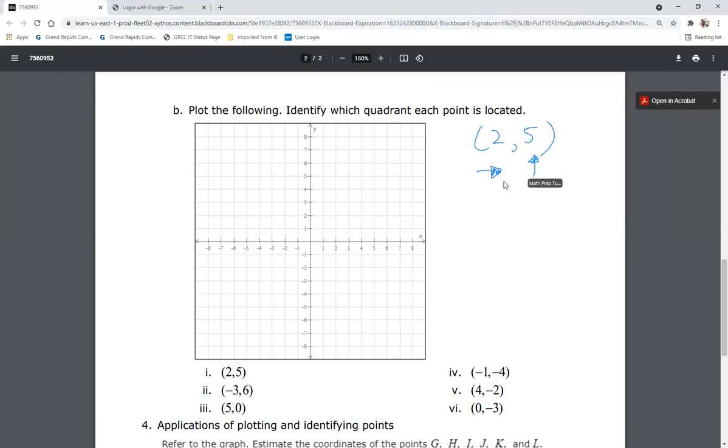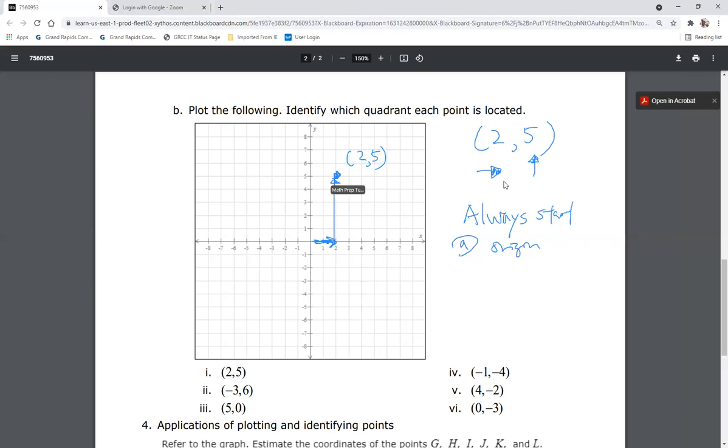Make sure when you plot points, you always start at the origin. So if I were to plot (2, 5), I'm going to start at the origin, go 2 to the right, then 5 up. And that's going to be (2, 5): 2 to the right and 5 up.